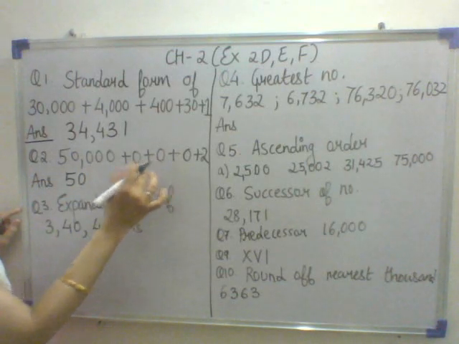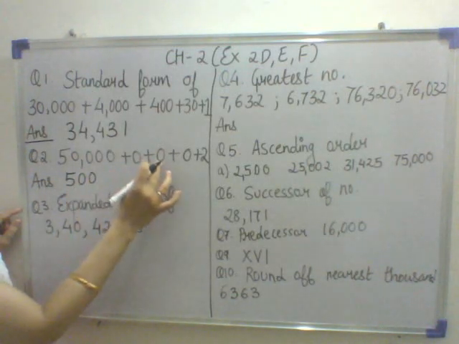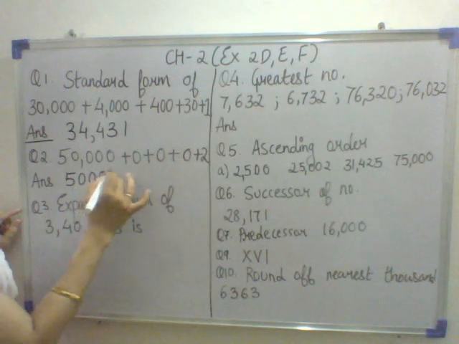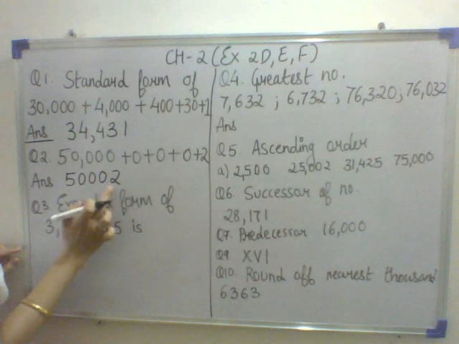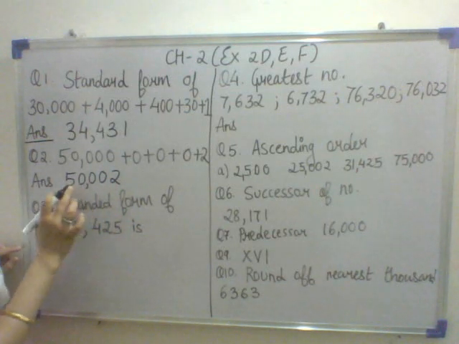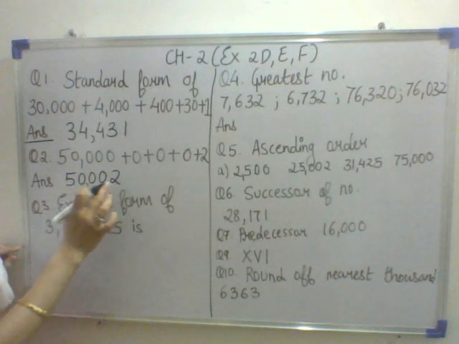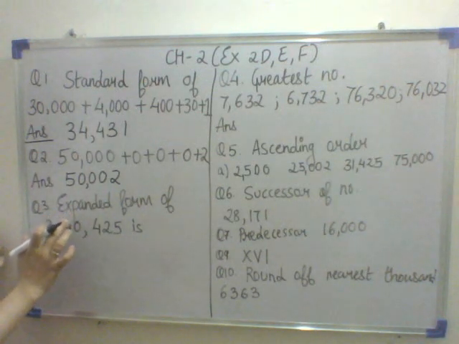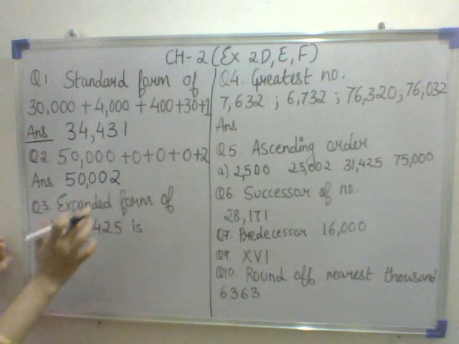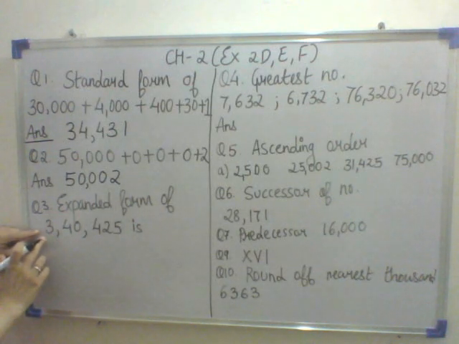Next again 0 is there, no number, so 0. Again 0. And at the last 2 is there. Now we will put the comma. 1, 2, 3 here. So this number is 50,002.